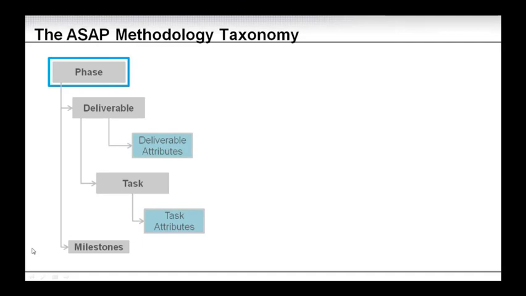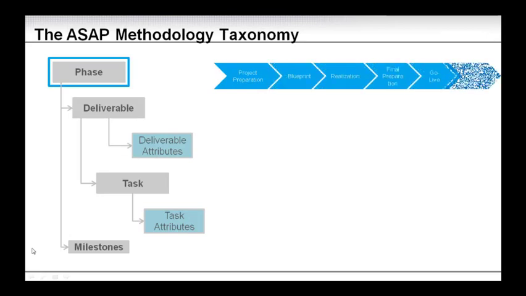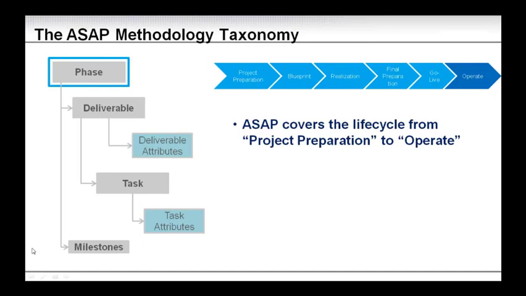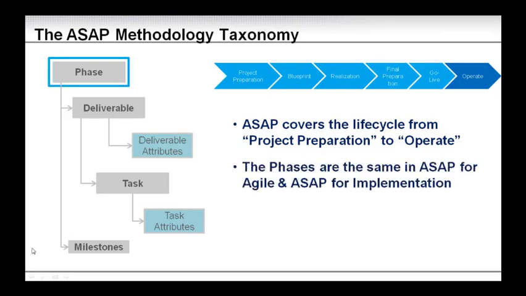So phase, the phase dimension or component. We have the 6 phases. We have the new operate phase, and the phases basically cover the life cycle from project preparation to operate. So the full life cycle of a project, including an SAP project. The phases are the same in ASAP for Agile and for ASAP for implementation.